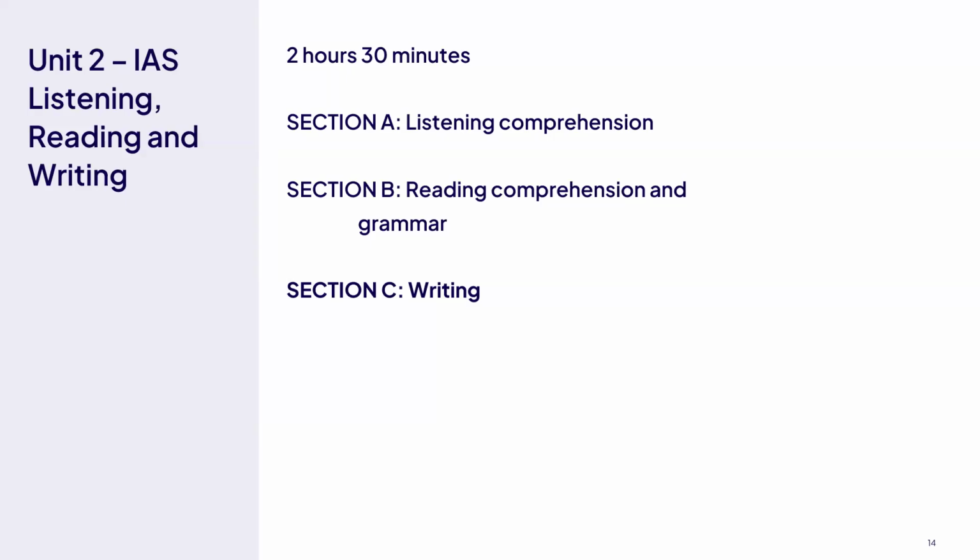Listening, where they have control of their own recording; reading comprehension and grammar, where question 8 is always going to be the grammar section. And section C is the writing section, which is supported by some bullet points given for them to follow. Okay, so that's the first 2 units.